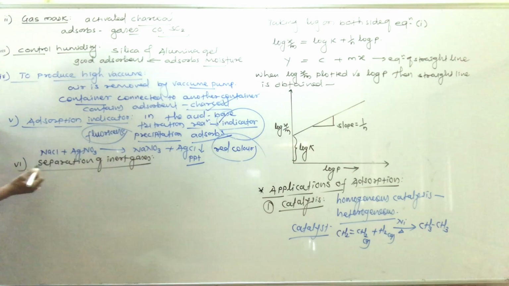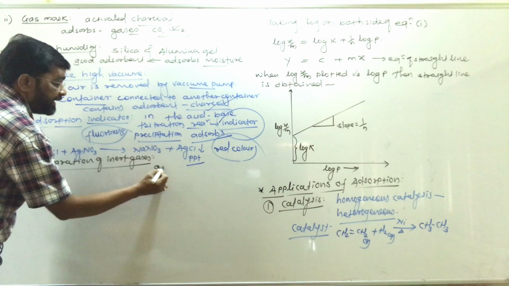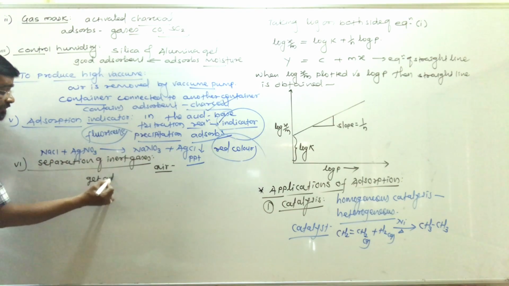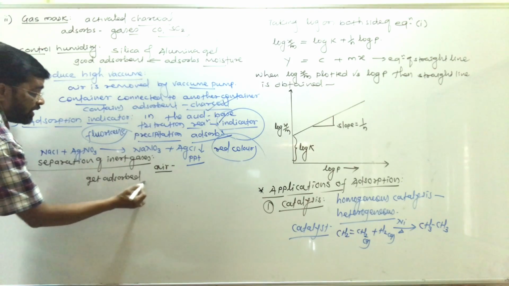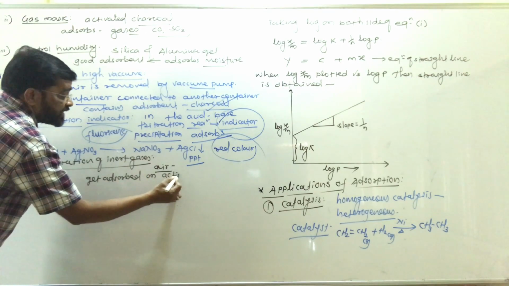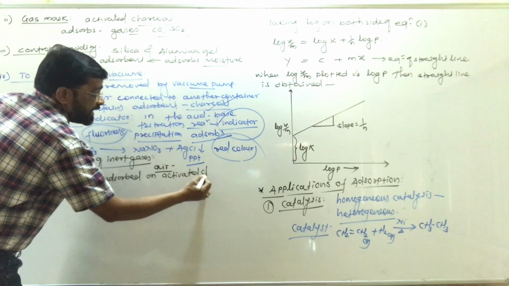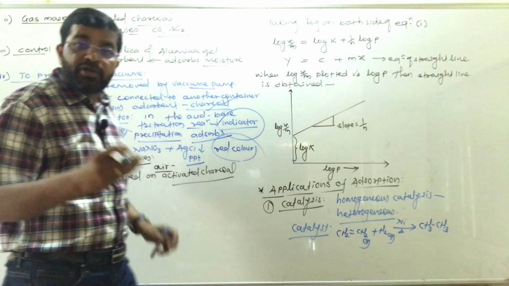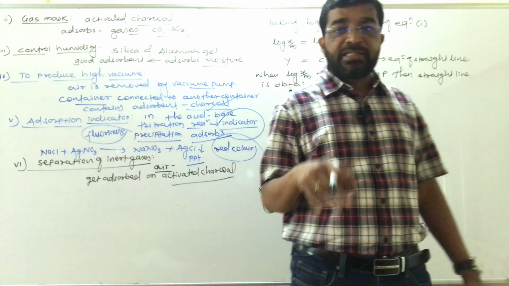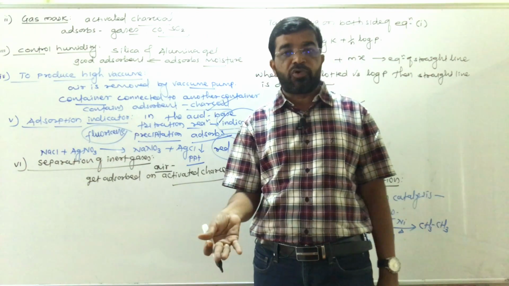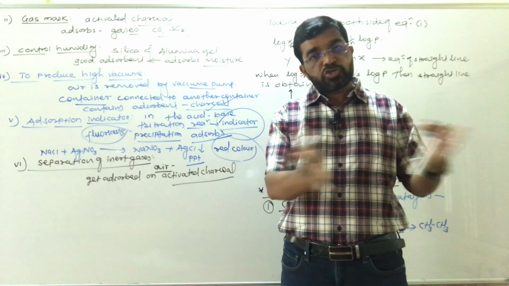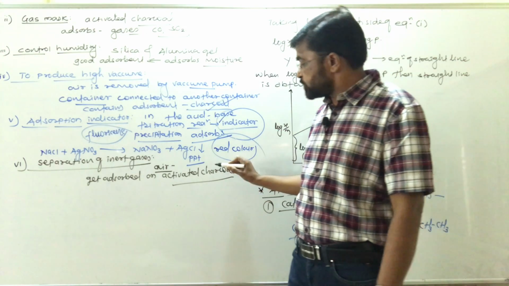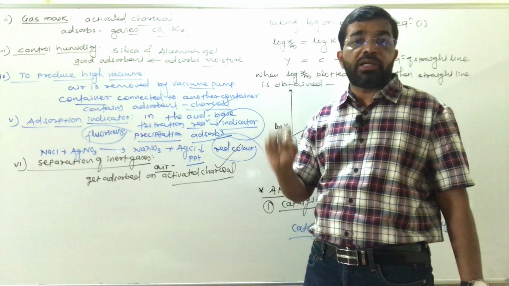The inert gases obtained from the air get adsorbed on activated charcoal, and they have different rates of adsorption. Therefore they also have different rates of desorption, and so they can be separated one by one by adsorbing them on activated charcoal or animal charcoal.